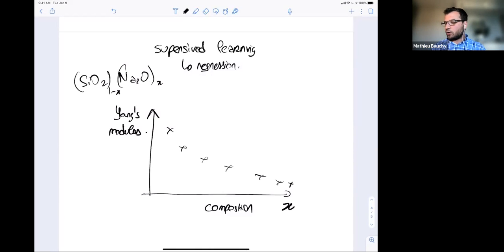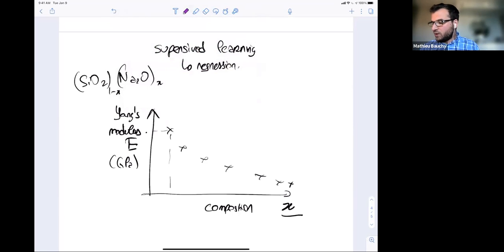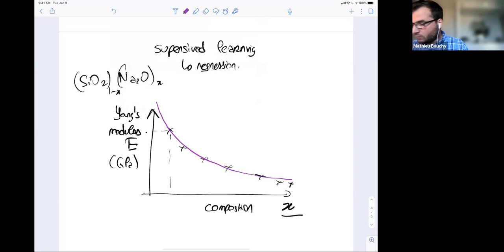Your goal in this case is that you have some glasses, you know their composition, you have a label, so you know the Young's modulus of those glasses in gigapascal, for example. And in that case, the goal of the regression model will be to build a model to predict the Young's modulus as a function of the composition, right?